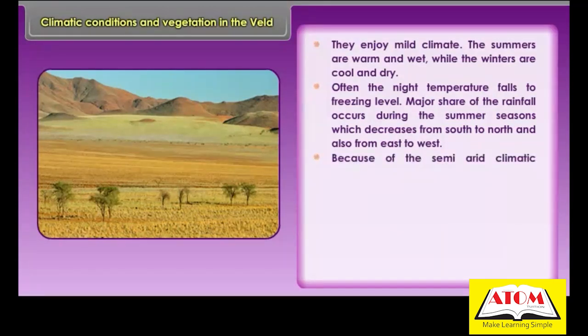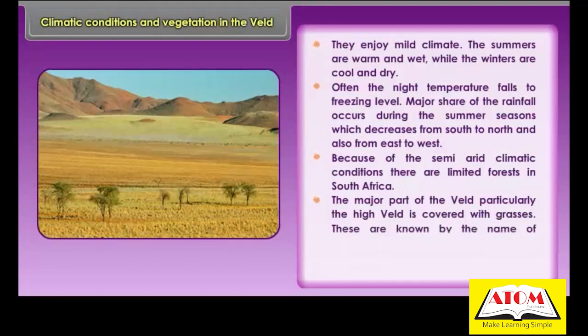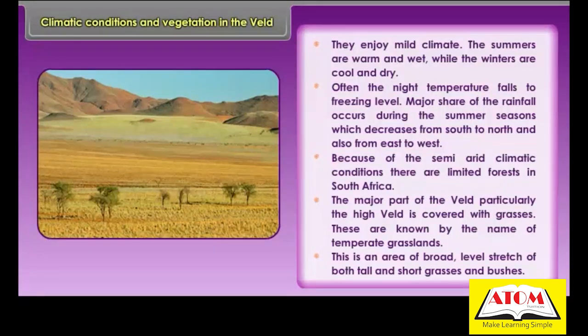Because of the semi-arid climatic conditions, there are limited forests in South Africa. The major part of the veldt, particularly the high veldt, is covered with grasses. These are known by the name of temperate grasslands. This is an area of broad, level stretch of both tall and short grasses and bushes.